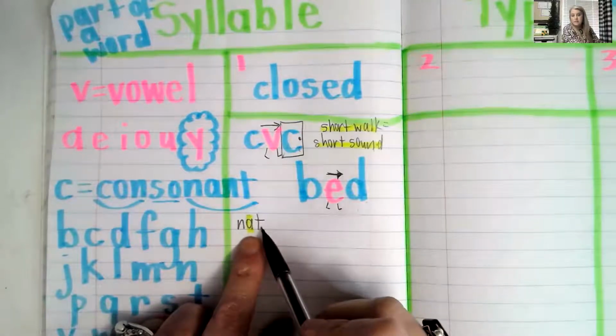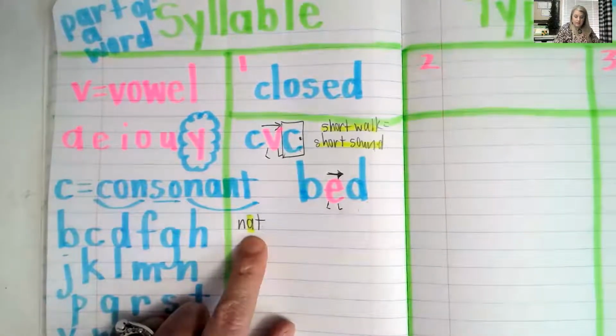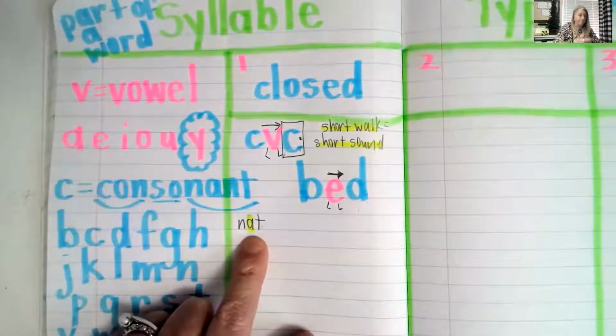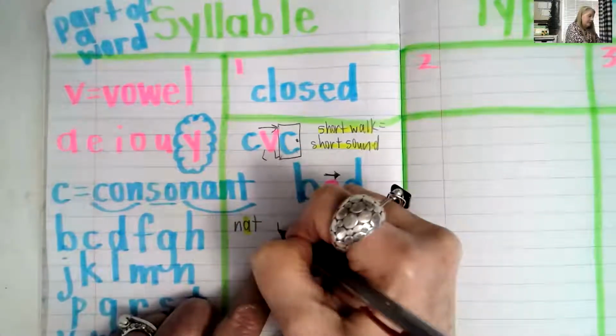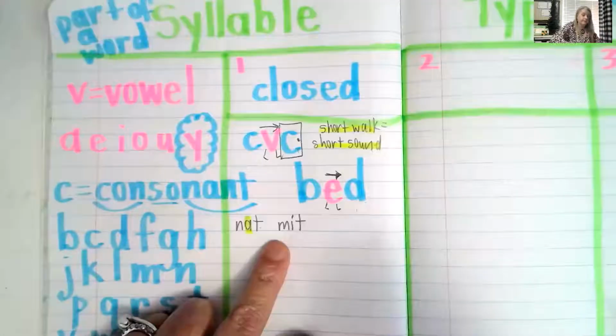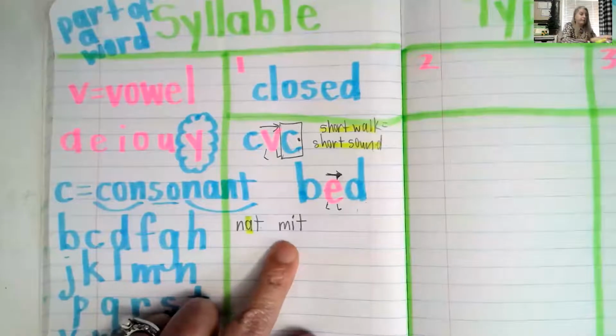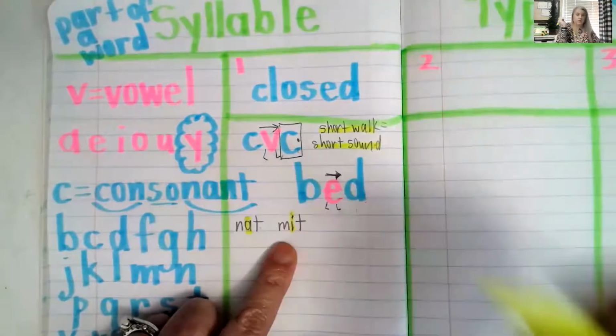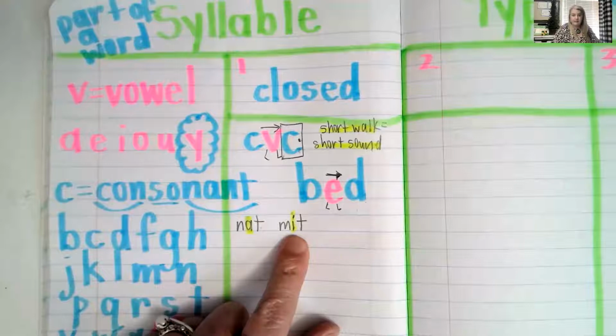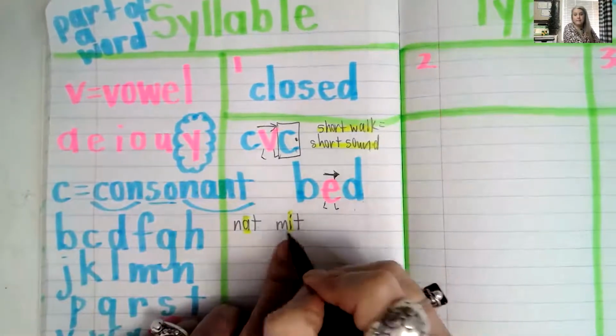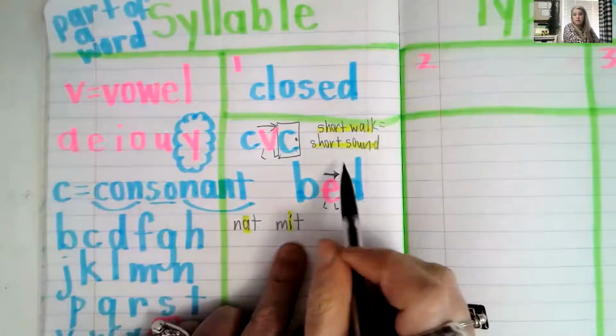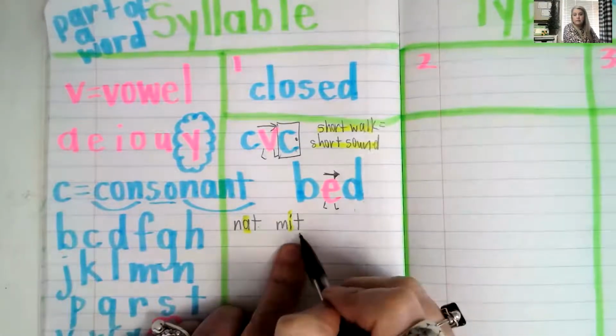Short walk, short sound. Let's try another one. M-I-T. Find the vowel. Short walk, short sound. I says ih, mit. There's the door.